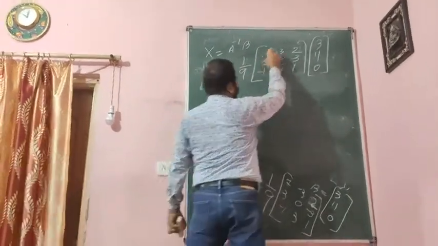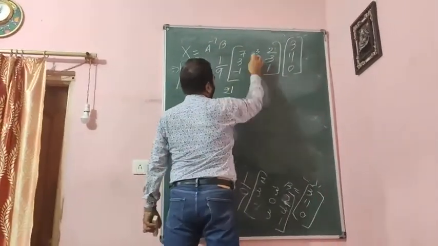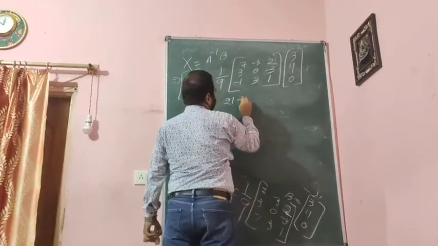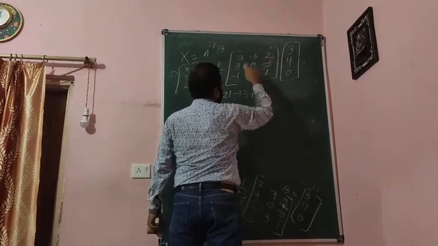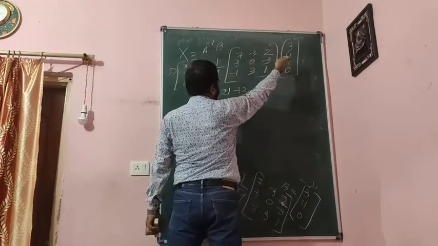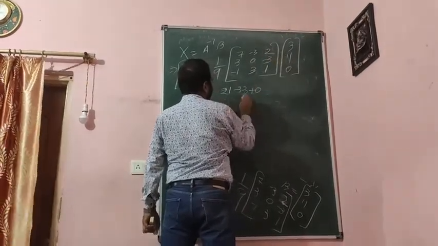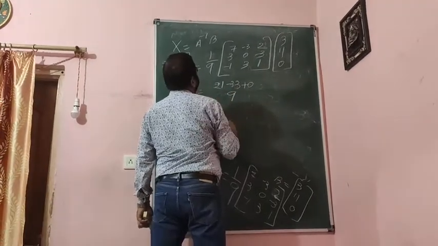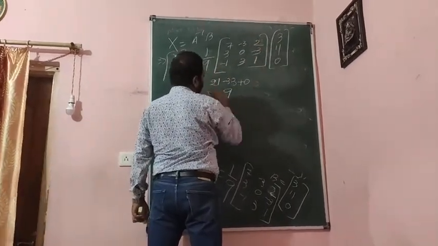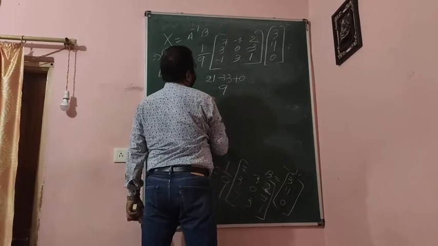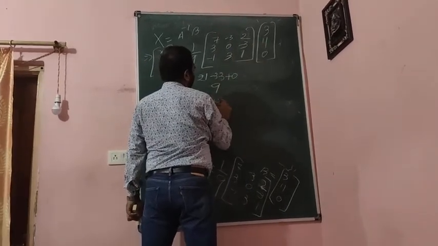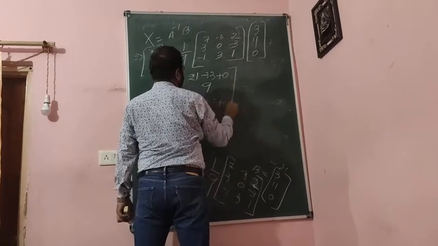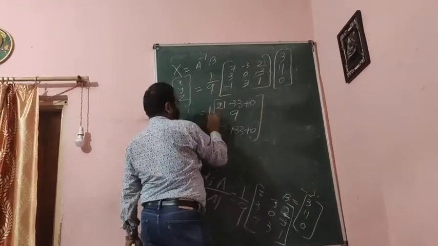You see, 7 into 3 is 21, minus 3 into 11 is minus 33, plus 2 into 0 is 0. Then come to here, 3 into 3 is 9, 0 into 11 is 0, so it is 9. And then here, this into this is minus 3, plus 33, and here 0. And here 1 by 9 is multiplied.